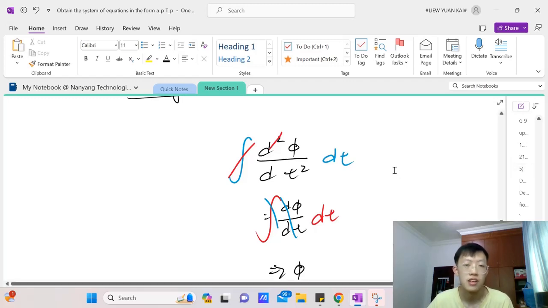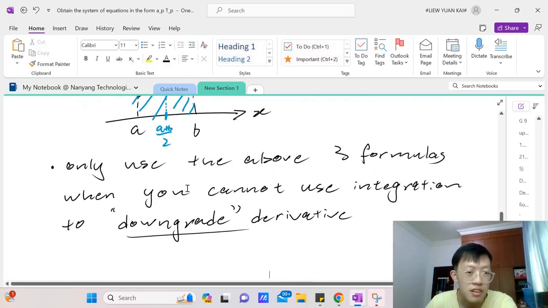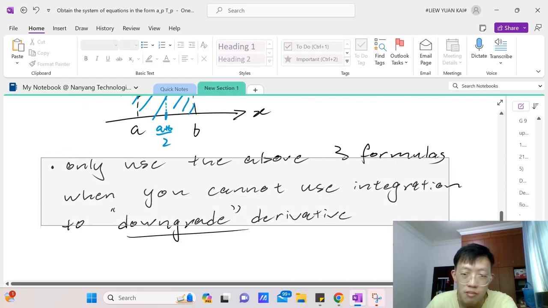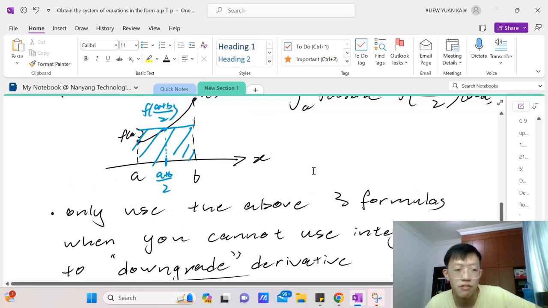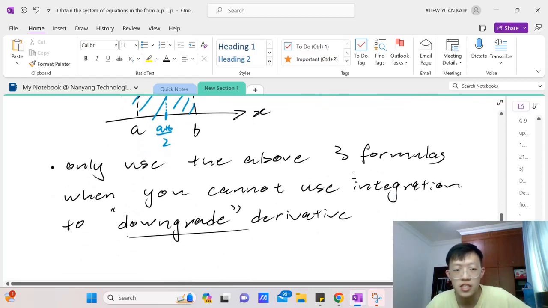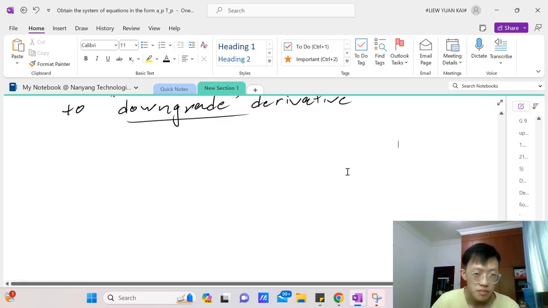So this is what I mean by downgrading. It might not be clear to you when to use this, but as we go through the question, I'll bring it up. So you only use the above three formulas when you cannot use integration to directly downgrade the derivative. Let's hop right into the question.